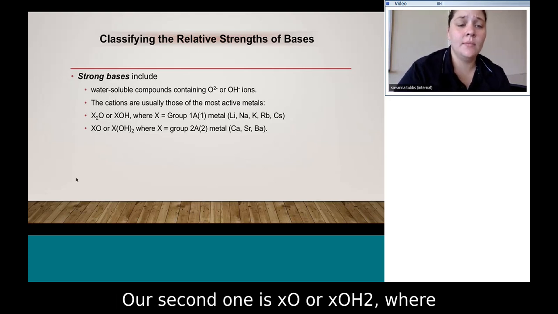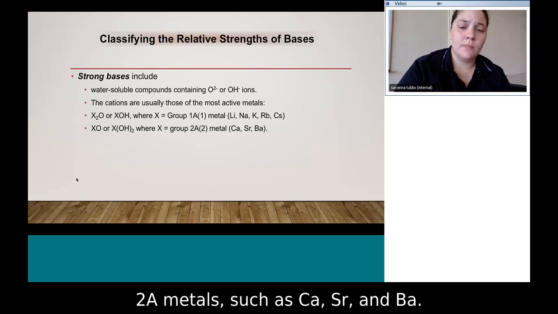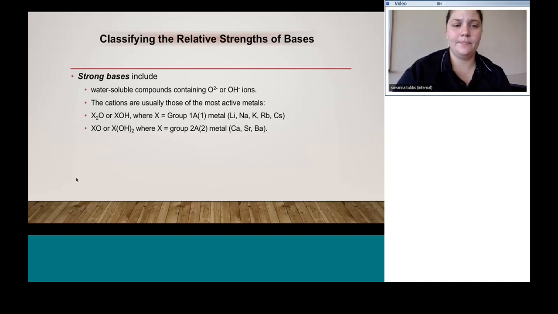Our second one is XO or X(OH)2, where our X is going to be from our group 2A metals, such as Ca, Sr, and Ba.